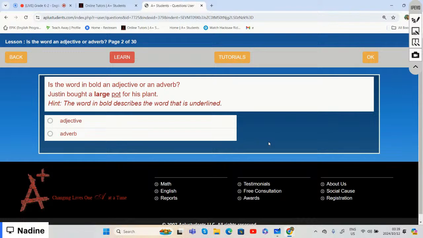Adjective is option one, adverb is option two.